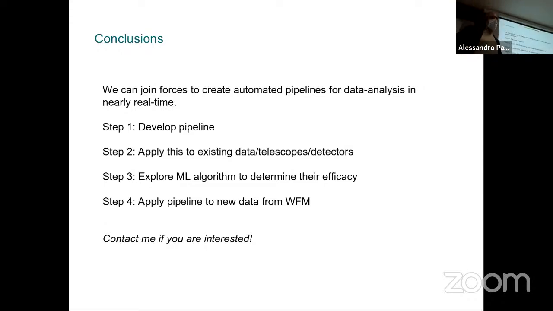We don't know yet. So polarization comes from these two other instruments, and for the polarization, I cannot tell. But yes, if you want to join forces, we can certainly explore.